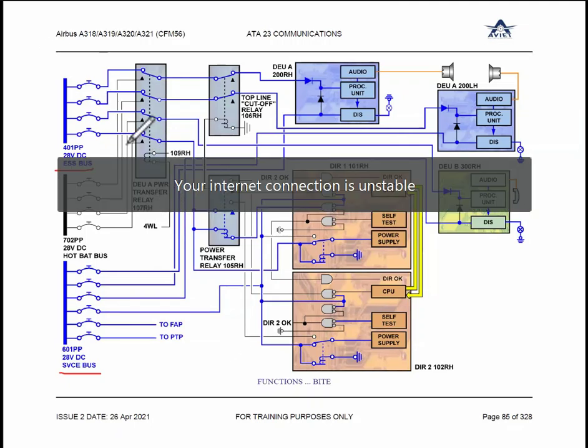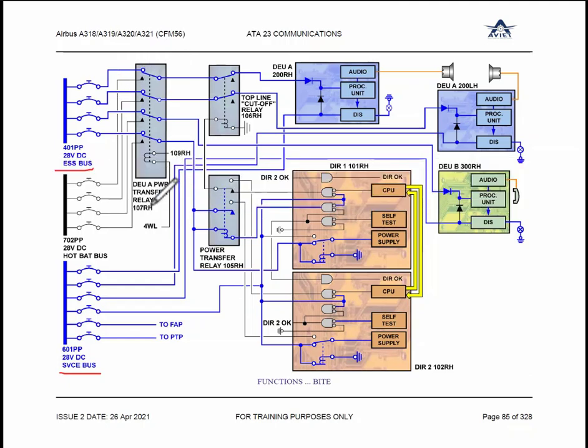What is the purpose of this transfer relay? So these are normal. The relay is not energized, and in normal condition, this network is supplied. You see whom they are supplying? They are supplying the DUA, which are connected with a speaker, right?